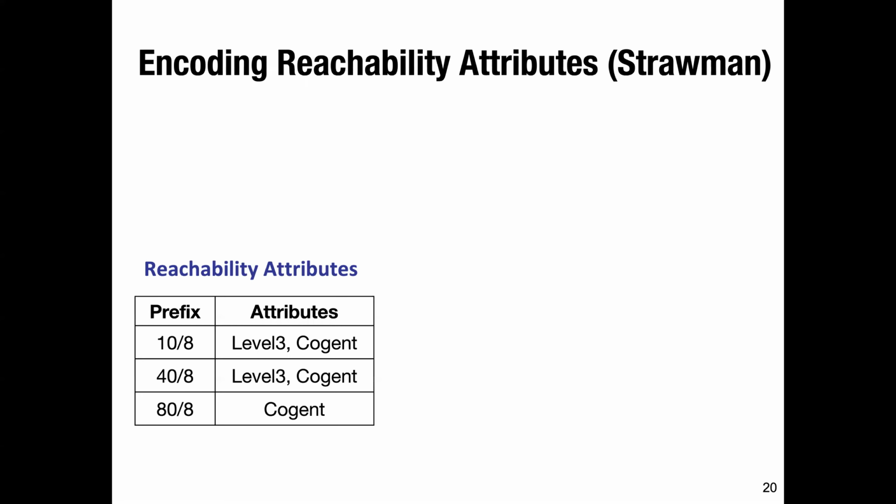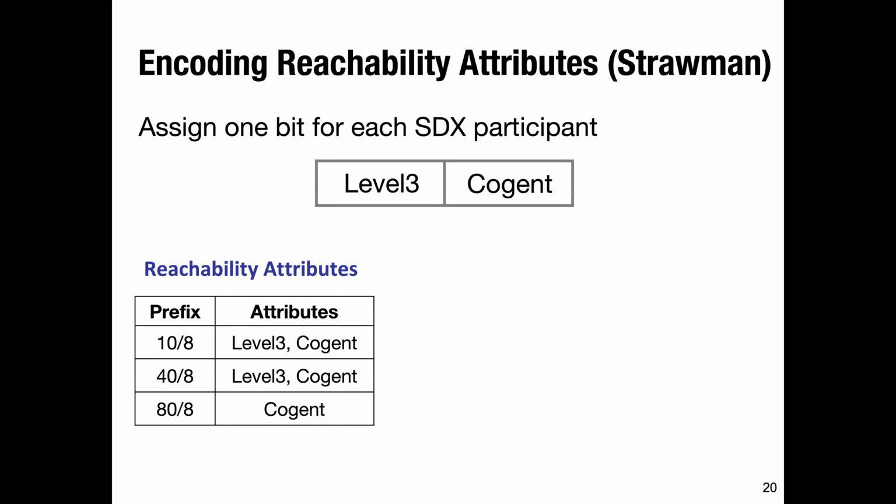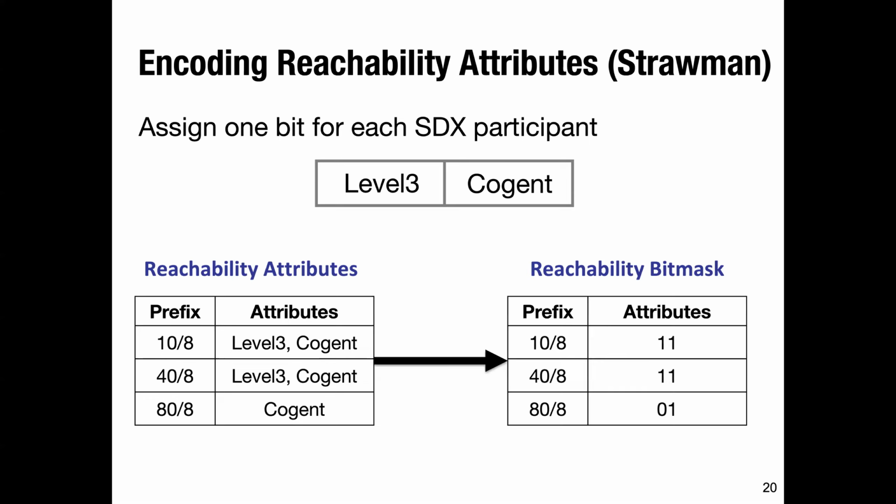And then if we can find a way to encode these reachability attributes into the packet itself, a very strawman approach is to assign 1 bit for each of the participants. So if there are 100 participants, we will require metadata of 100 bits. In this case, because there are just 2 participants, 2 bits should be fine.